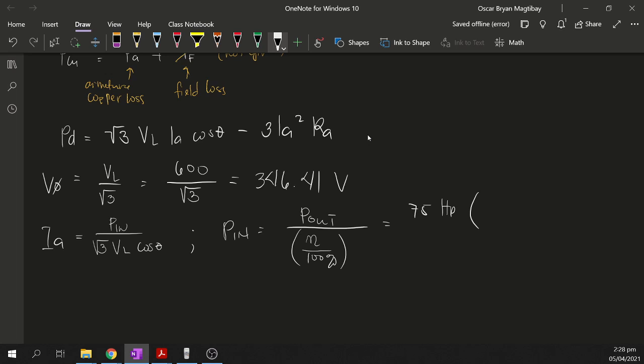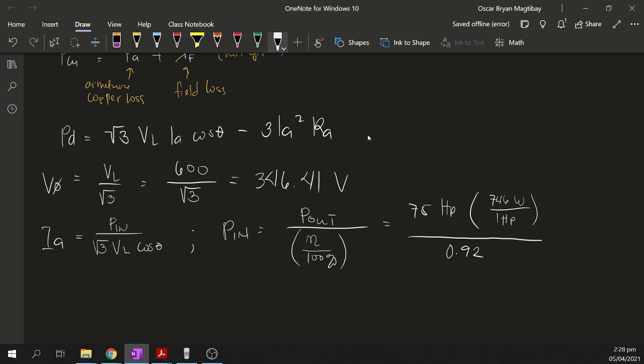So, this is equal to 746 watts over 1 horsepower. All over 0.92 based doon sa problem natin yun.